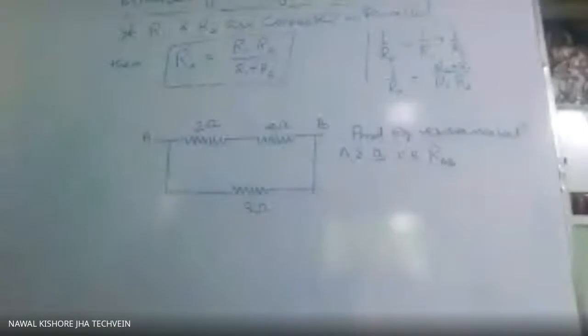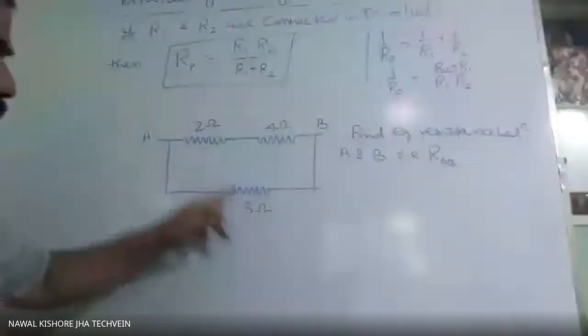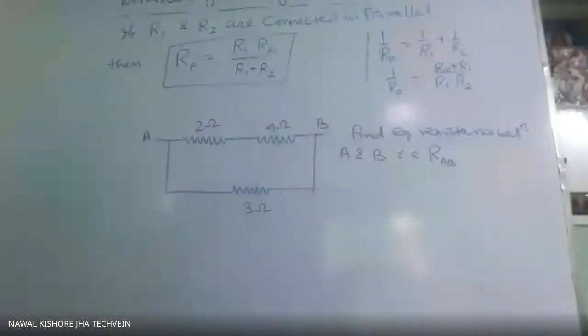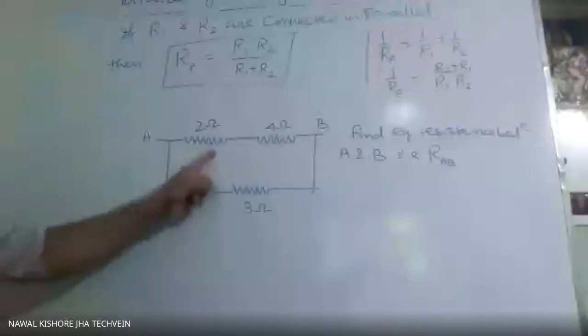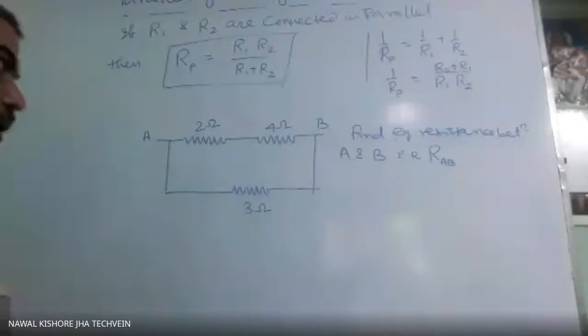Now, in this type of circuit, first you will have to identify which one is in series and which one is in parallel. Are these two in parallel, 2 ohm and 3 ohm? No, they are not parallel.